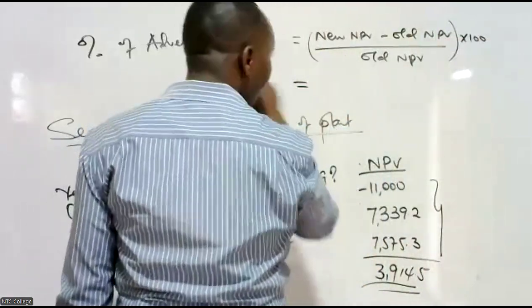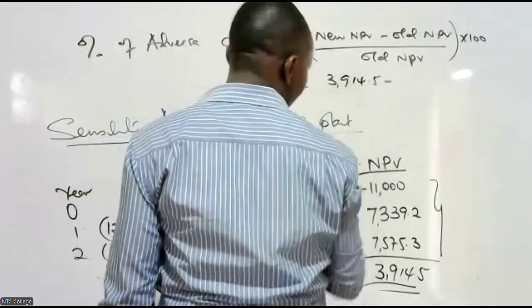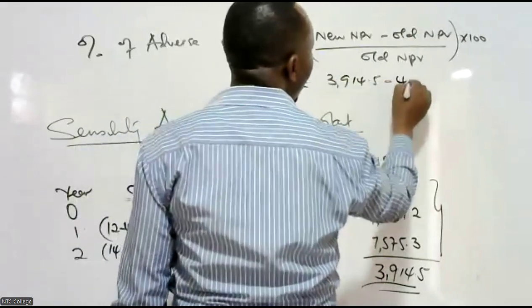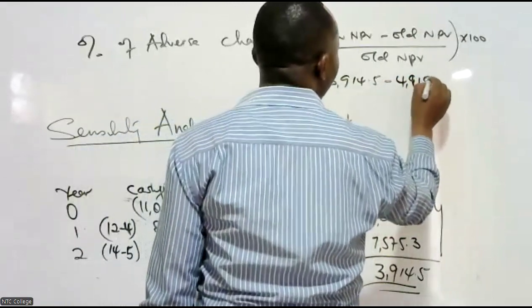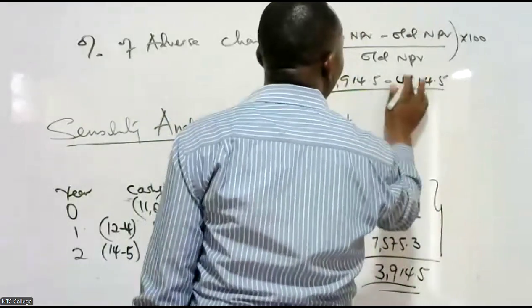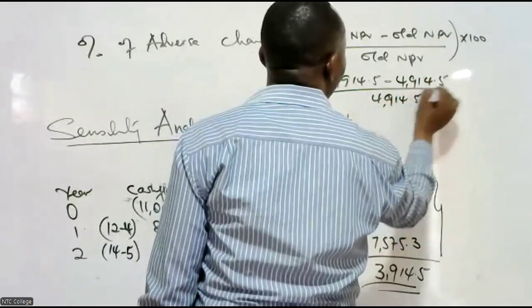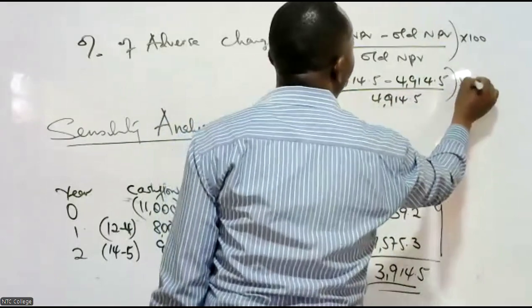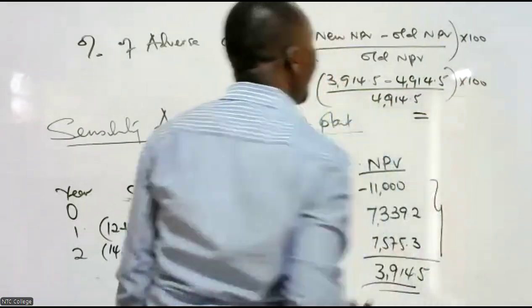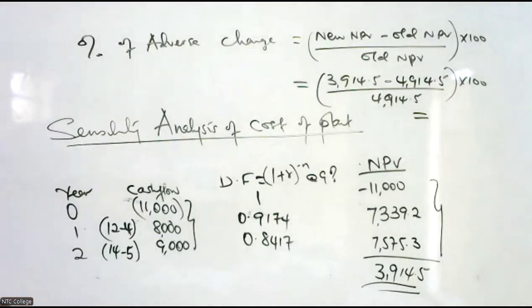So that is 3,914.5 minus 4,914.5 all over 4,914.5. What are you getting? Ignore the negative sign because you have said it is adverse.